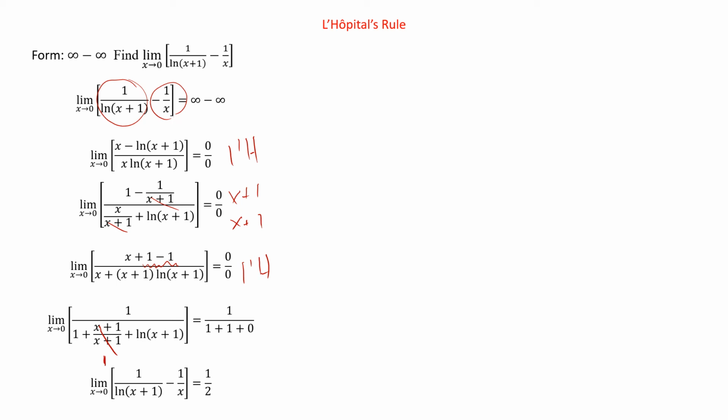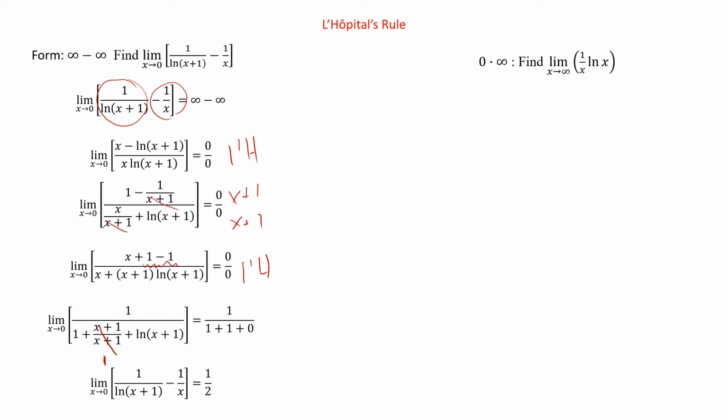We get 1 over 1 plus 0, which is 1/2, which means this original expression has a limit that equals 1/2. So we ended up using L'Hôpital's rule twice after forcing it into one of the proper indeterminates, and we were able to do this.